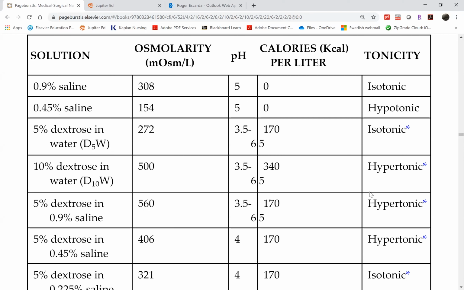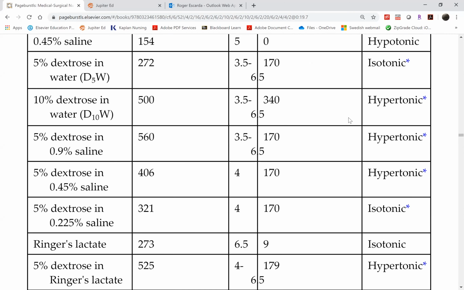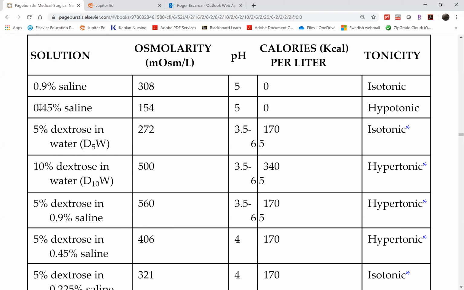Likewise, any solution that has a greater concentration than 0.9% saline is hypertonic. So let's look at which are hypotonic and which are hypertonic. On this chart table, you only have one hypotonic solution. It's only half normal saline.